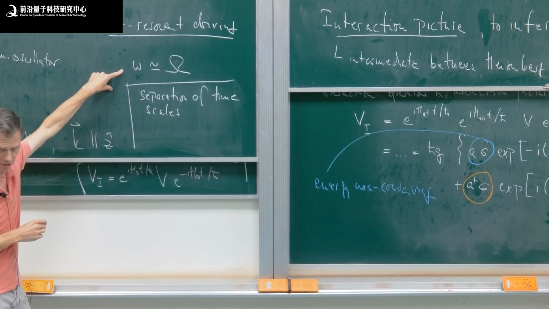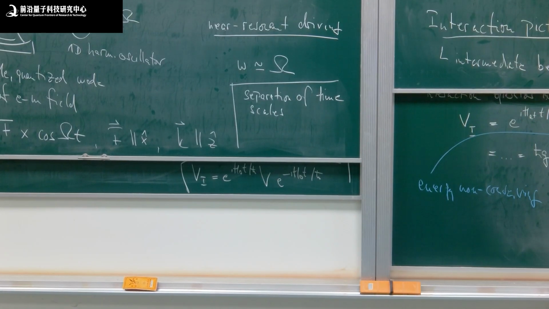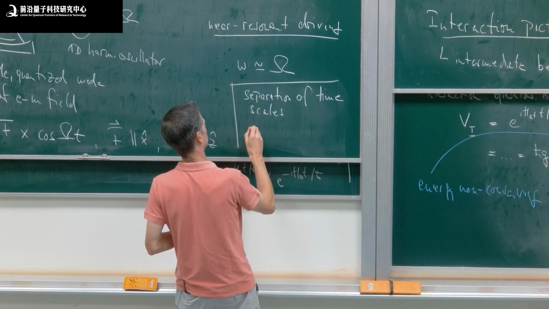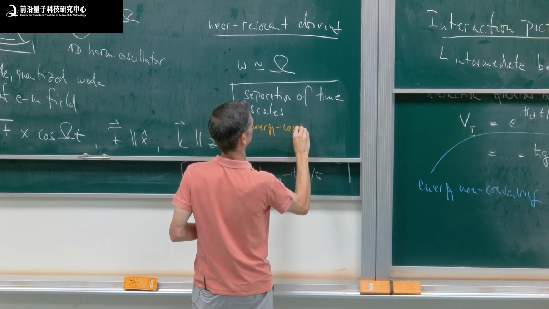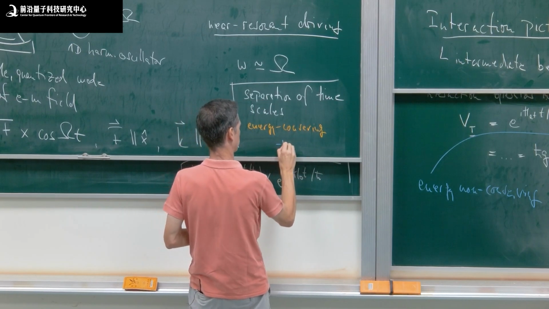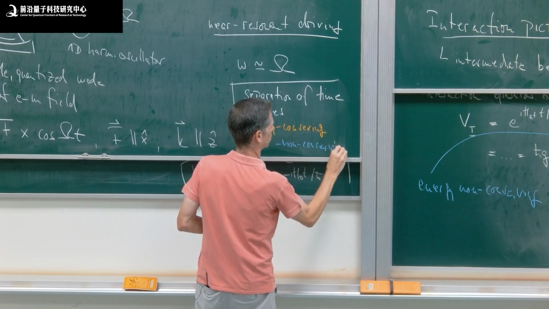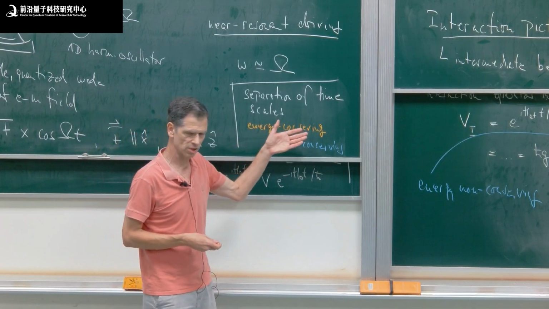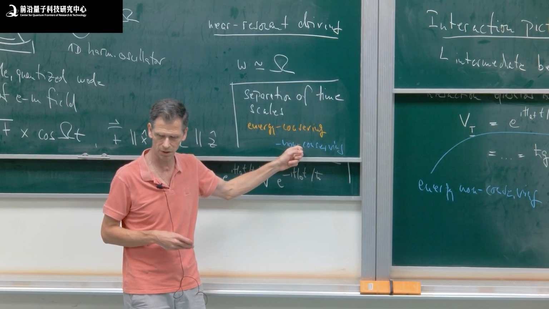Separation of timescales, right, which are associated with the energy conserving versus the energy non-conserving terms, okay? So the energy conserving terms essentially are almost stationary in time, while the non-conserving terms are oscillating rapidly, right?